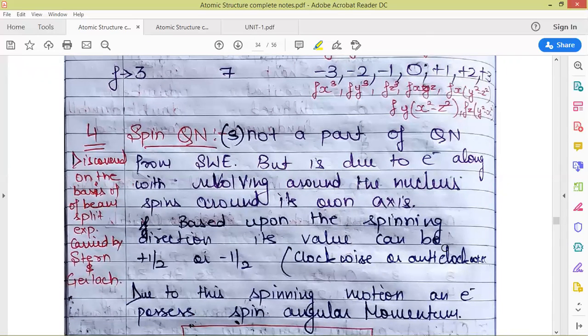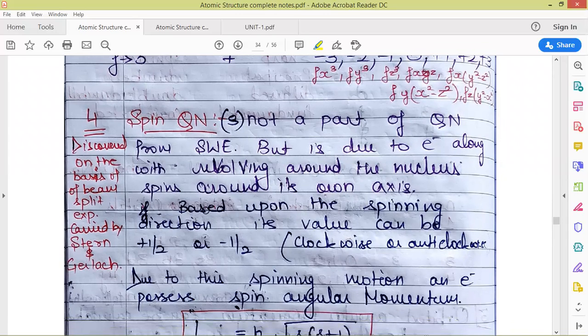Next we have spin quantum number. This is an important quantum number, but it was not included in the quantum numbers defined by Schrodinger. So this was discovered on the basis of beam split experiment carried out by Stern and Gerlach.